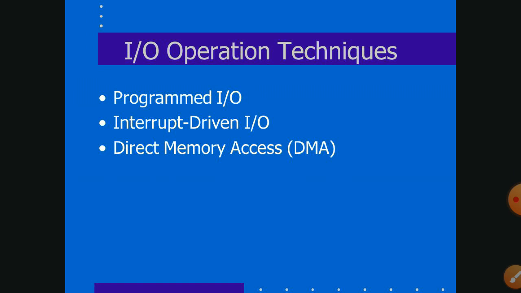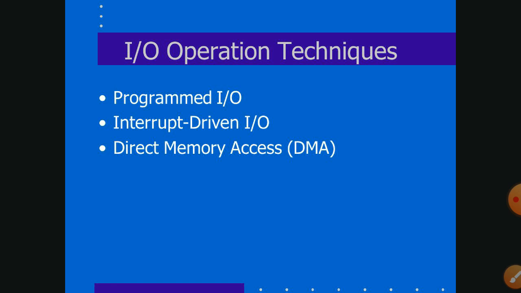What is the second one? The second one is called interrupt driven IO. As there is a drawback in programmed IO, it is required to go for the next method, interrupt driven IO. What is the drawback of programmed IO?